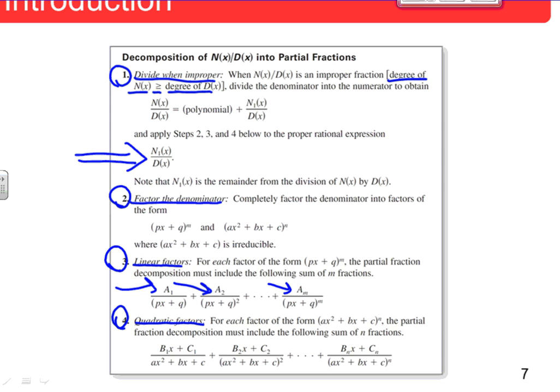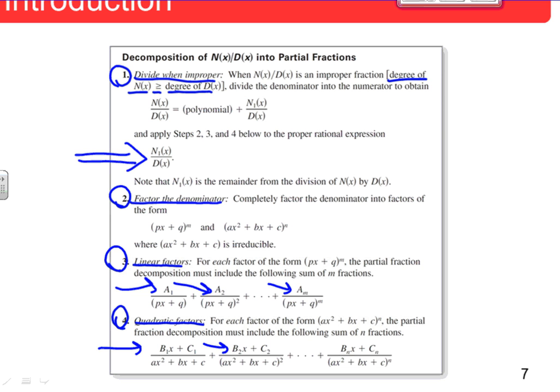Really, in practice we're just going to use A on the top of that one, B, C, D, and so on. And if I have bx plus c, then in the next one I would have d x plus e, and just keep going through the alphabet rather than doing all this subscripting. Does that make sense?